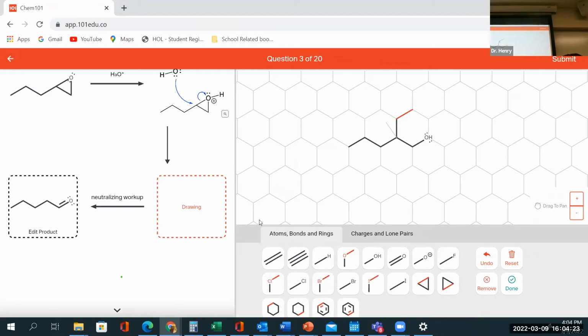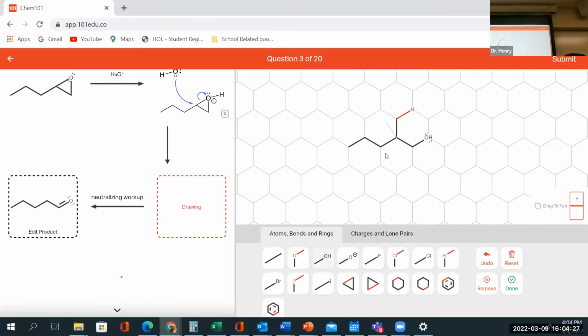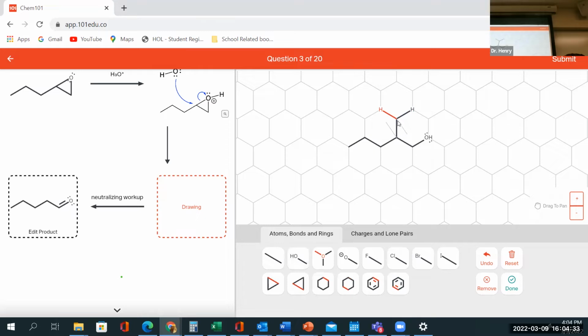Okay. And then, which is the third one? No, the other one. Okay. Still need our lone pair. Yeah, it's like lone pair and then charging.